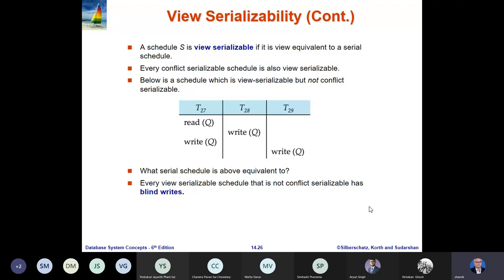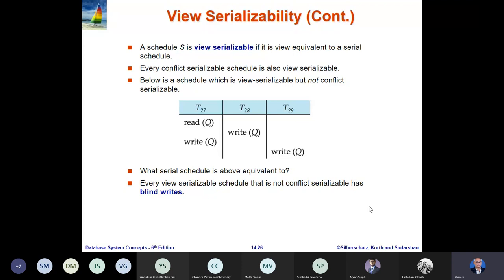But if you see this example, what is the net effect? Who is doing the final write? T29. The value of Q written by T28 will be overridden by T27, which in turn will be overridden by T29.